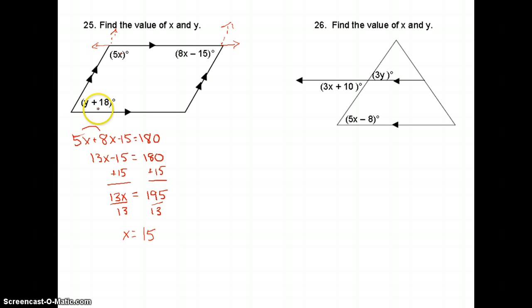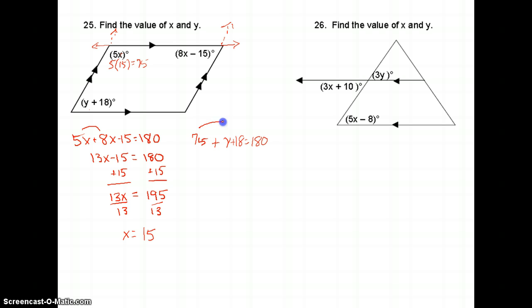Okay, now we have these two. These are also between parallel lines, so these are also going to be consecutive interior angles. We can't write an equation with an x and a y, so we need to get rid of one of these. We can get rid of the x because we know x is equal to 15, so I'm going to plug 15 right where the x is. That gives me 75. So I'm going to say 75 plus y plus 18 equals 180.